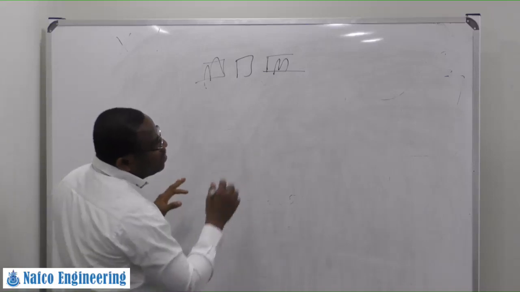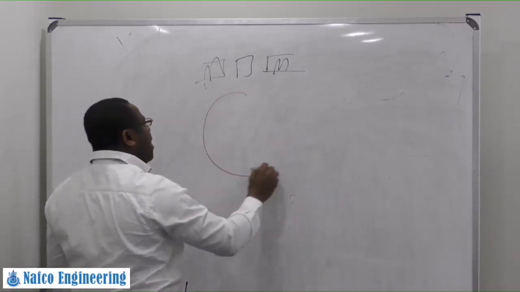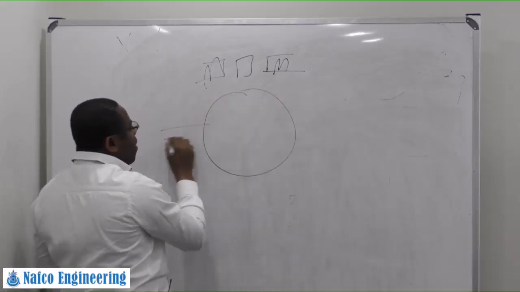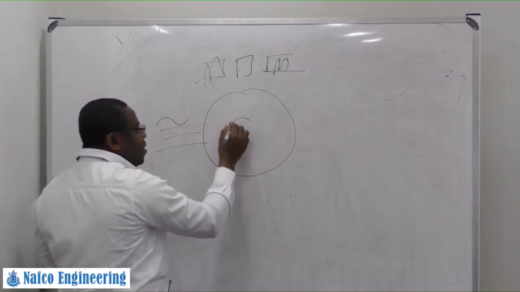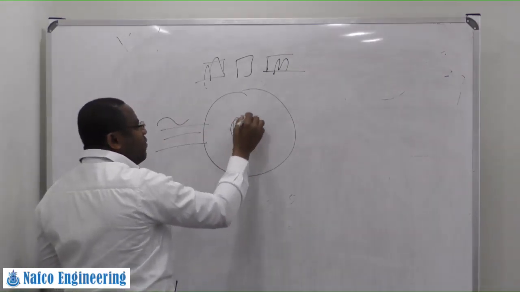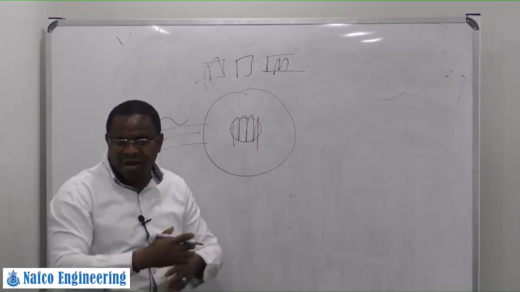If you check what I sketched there, on the armature side, you have your windings with the three-phase current in. Even on the rotor side, it has also its own winding, with a source to create its own field.